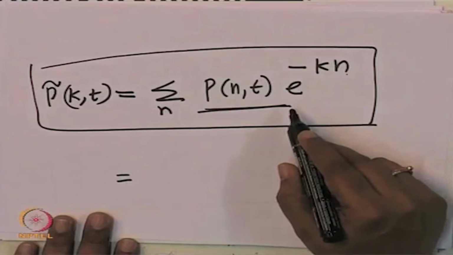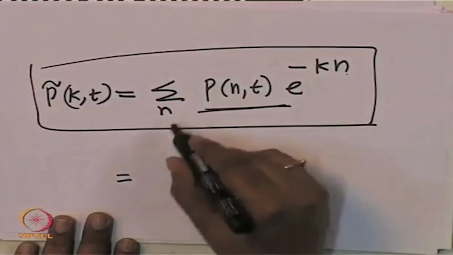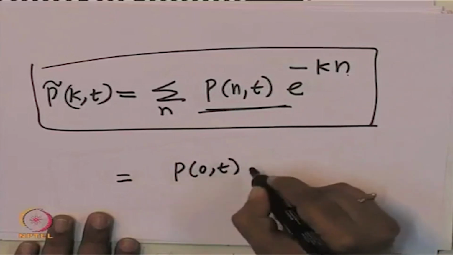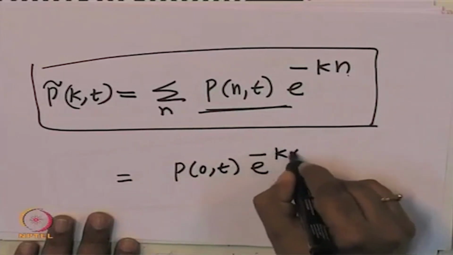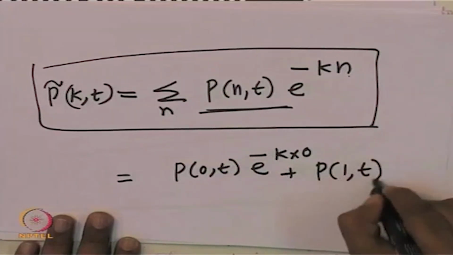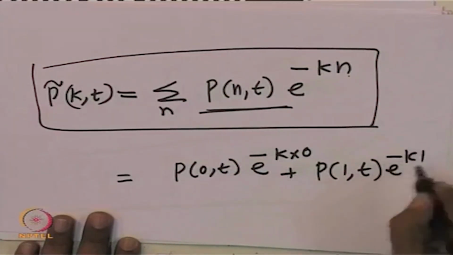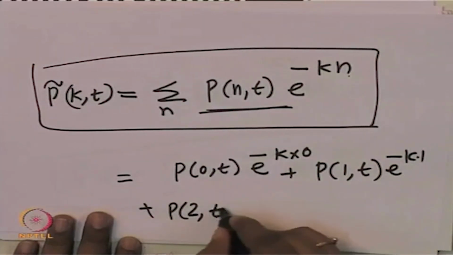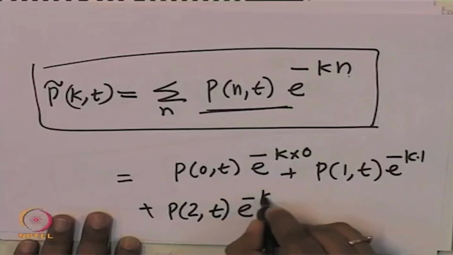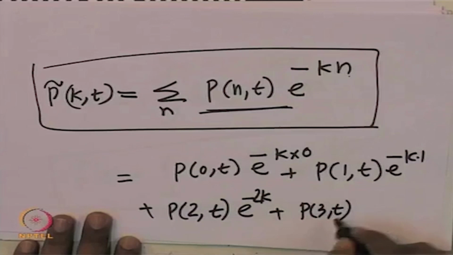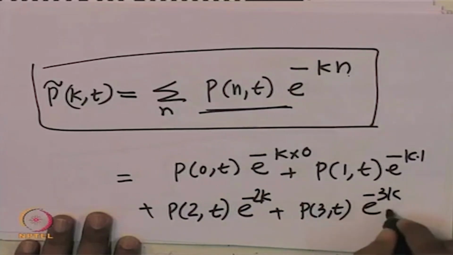So, let us say probability to have 0 at time t into e power minus k into 0, plus probability to have 1 at time t into e power minus k into 1, plus probability to have 2 monomers at time t into e power minus k into 2, plus probability to have 3 monomers at time t into e power minus 3 into k, plus dot dot dot.